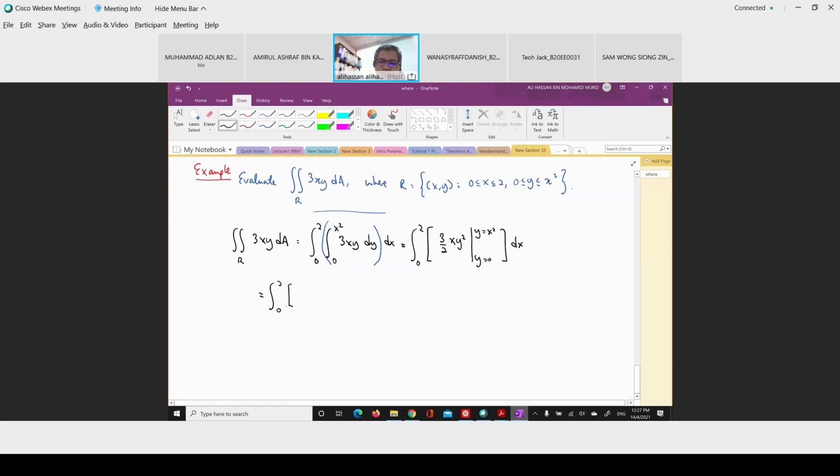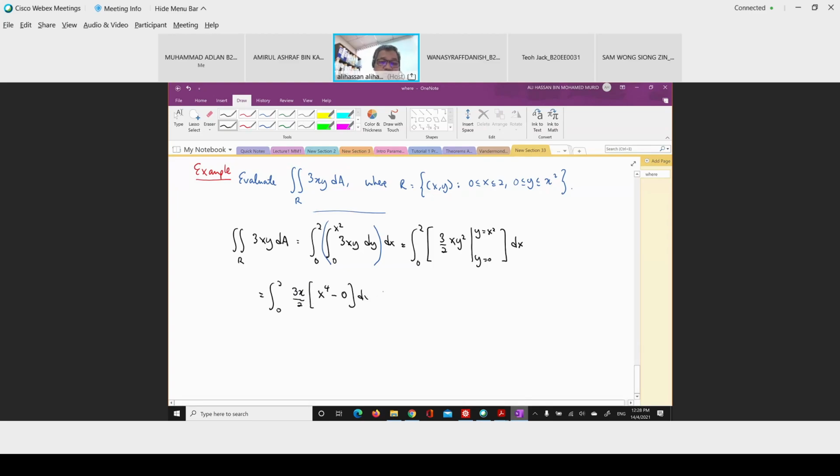I can pull out 3/2 x, right? Think of 3/2 x as a constant. So first y equal to x squared, so y squared becomes x to the power of 4. Then we substitute y equal to 0, and y squared is 0.